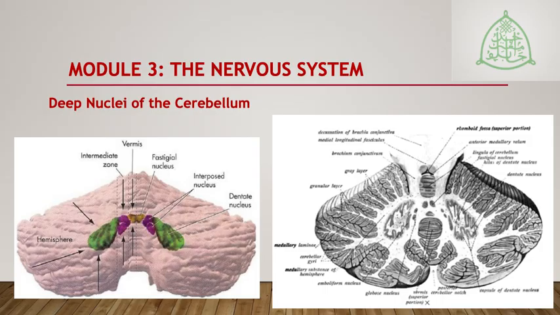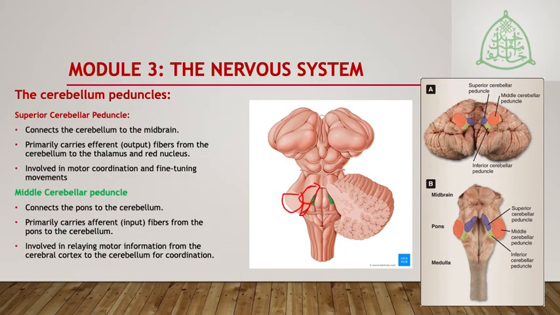And then the next one, we have the interposed nuclei. The interposed nuclei are referred to as the emboliform and globose nuclei, and then the one most in the midline is referred to as the fastigial nucleus. So for your class, we are not going to discuss much on those deep nuclei.